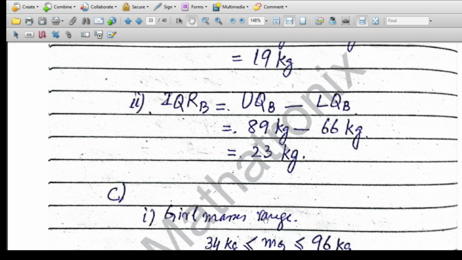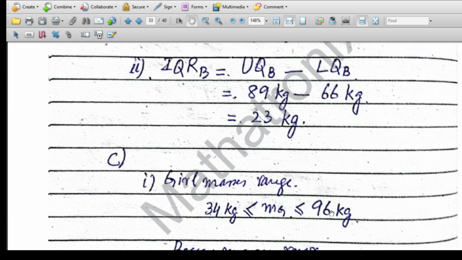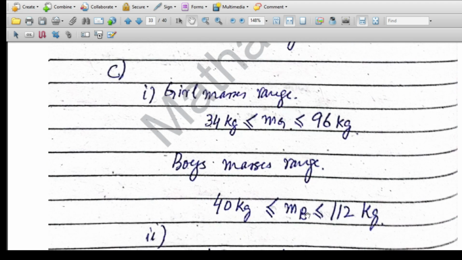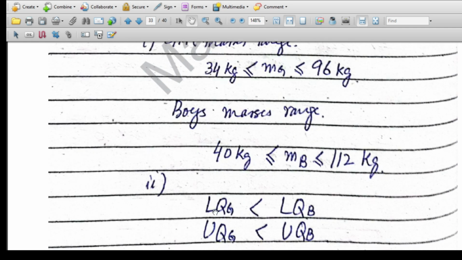In part C, the girls' masses range from 34 to 96 kg from the graph, and the boys' masses range from 40 kg to 112 kg. The lower quartile of girls is less than the lower quartile of boys, and the upper quartile of girls is less than the upper quartile of boys.